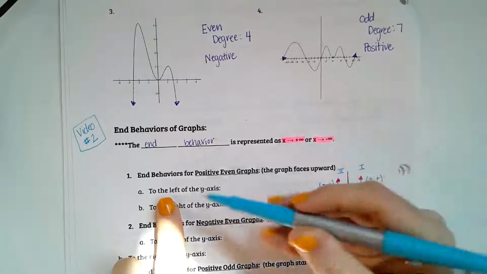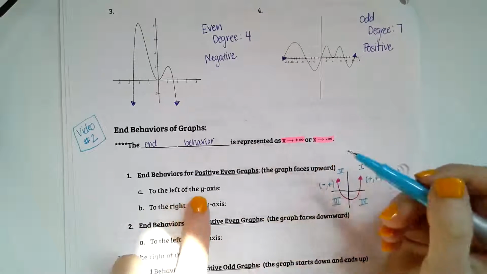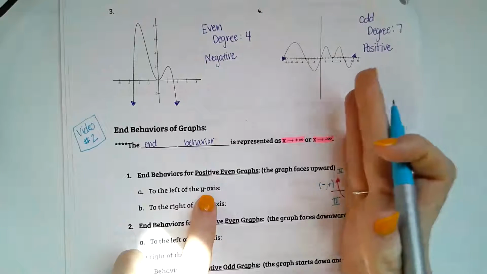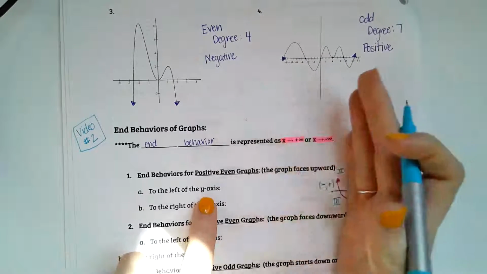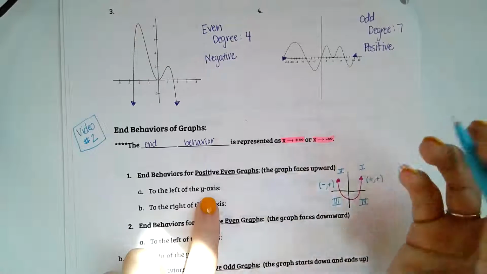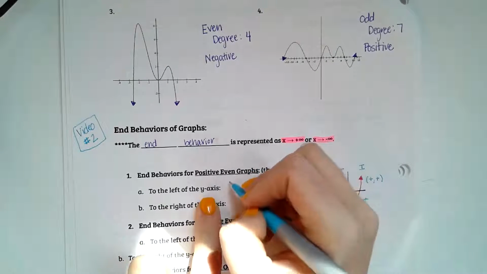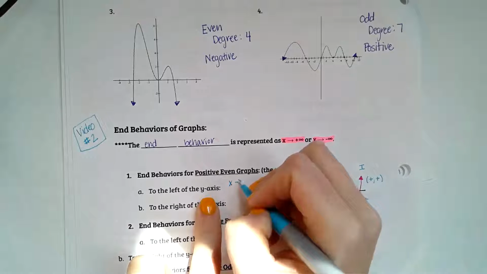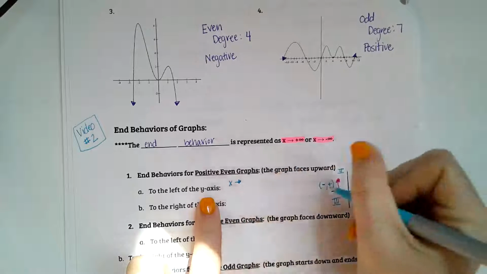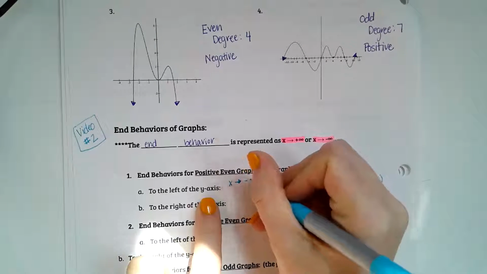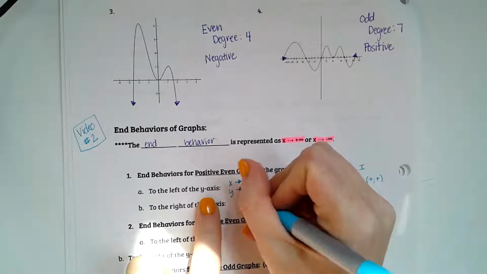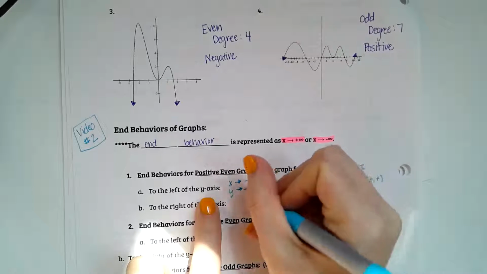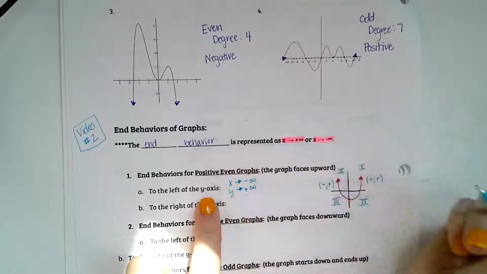So if I'm looking to the left of the y-axis, so here's our y-axis, and here's the left of that. On the left, x approaches negative infinity and y approaches positive infinity.